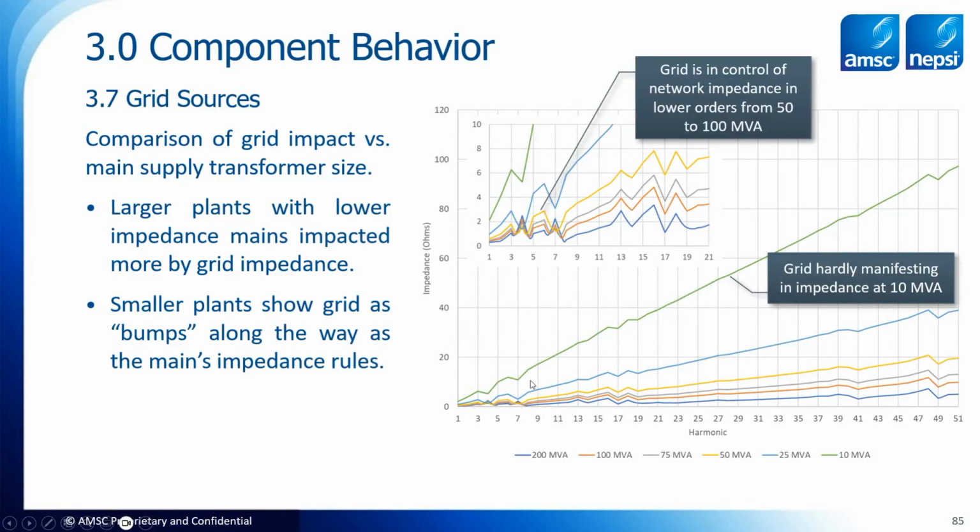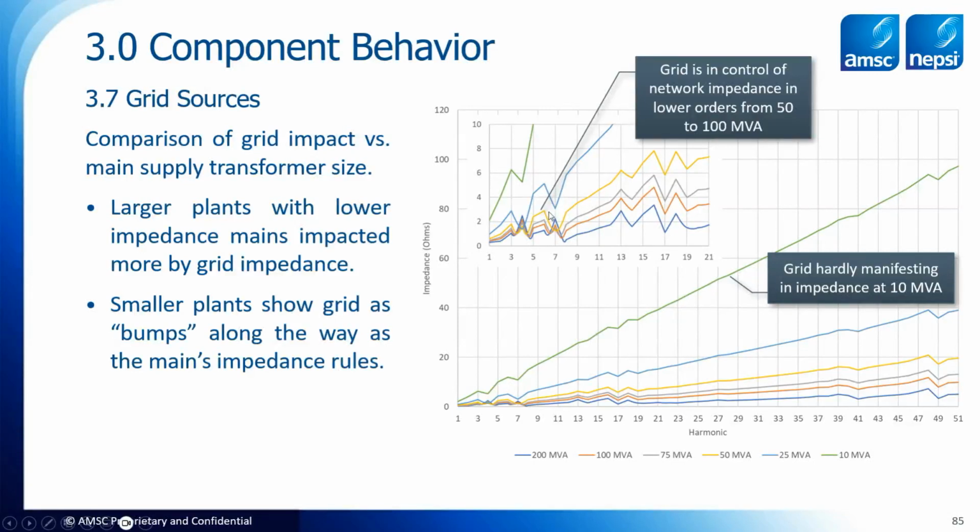However, if we were to zoom in between the 1st and the 21st harmonic and then zoom down low to 10 ohms, you'll see that for the cases of 50, 75, 100, and 200 MVA supply transformers, down around the key harmonics, the 3rd, the 5th, the 7th, you have a significant impact to that nice linear upstream curve of your supply transformer alone.